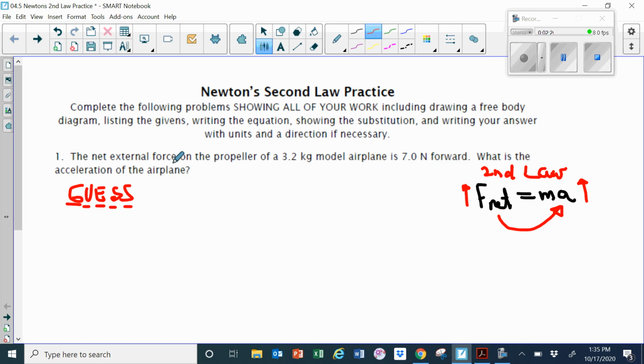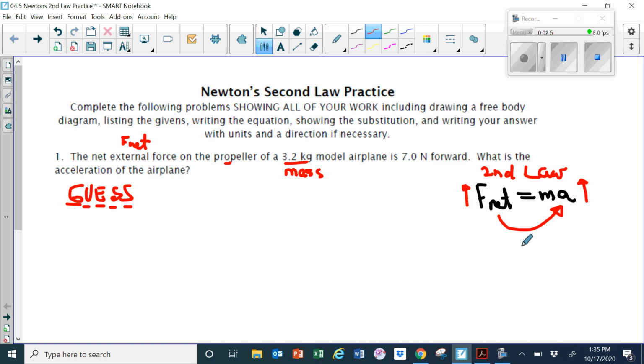So we have a net external force, that's F net, on a propeller of a model airplane. And this is 3.2 kilograms. Whenever you see kilograms, you've got to think of mass, right? Kilogram is a unit of mass.